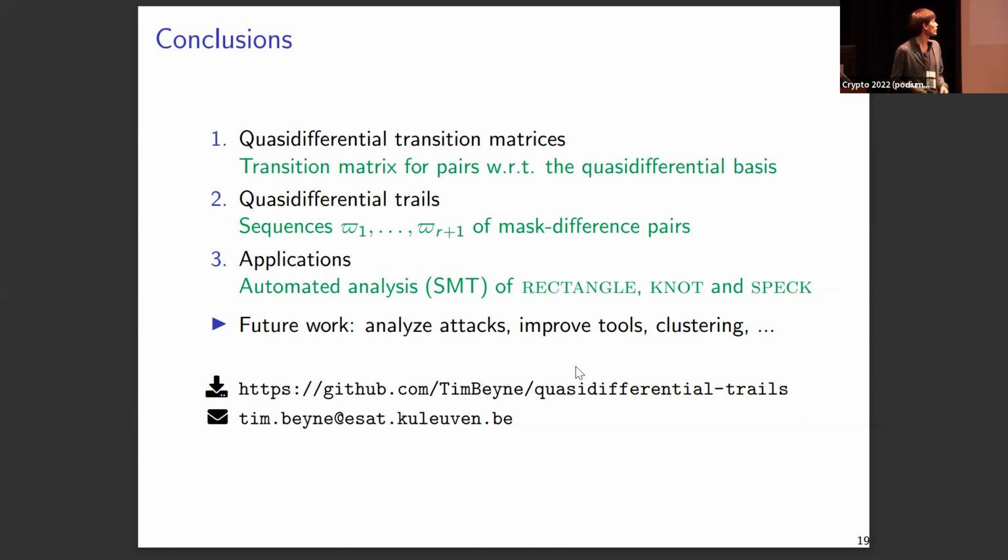I think it's also interesting to improve these tools, because there are some very specific optimizations that could be done, since our paper doesn't focus too much on the automated analysis. And then one last thing I want to mention is that the limitation of this method is the same as in linear cryptanalysis.